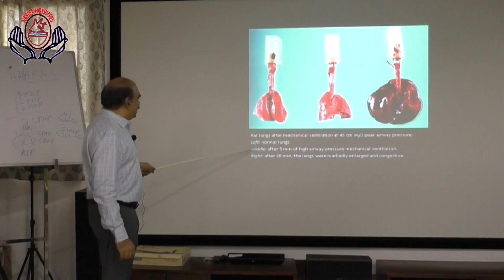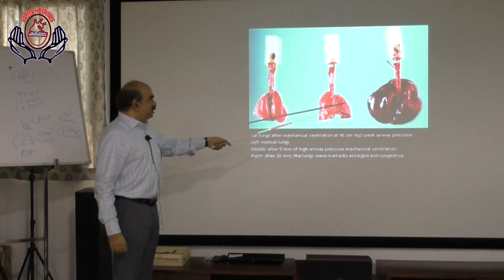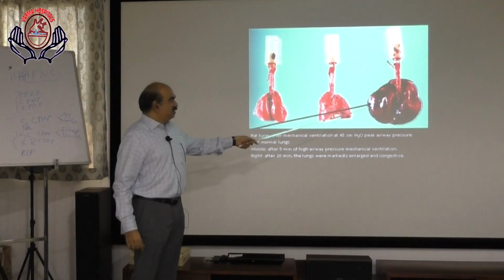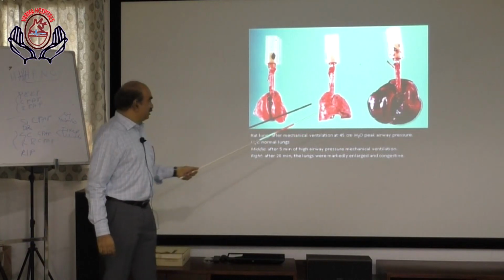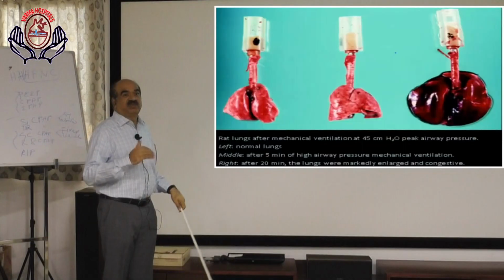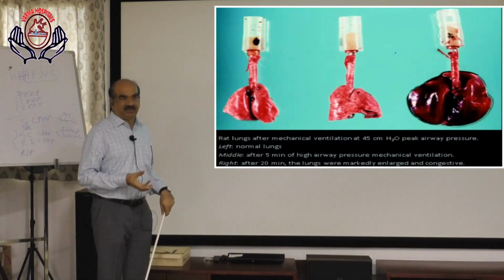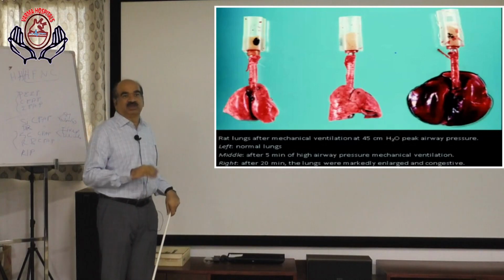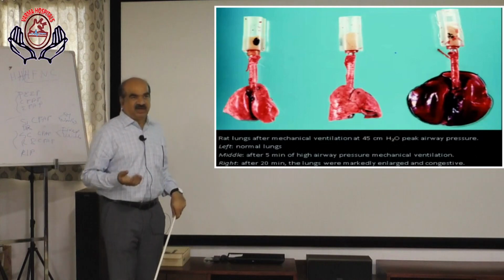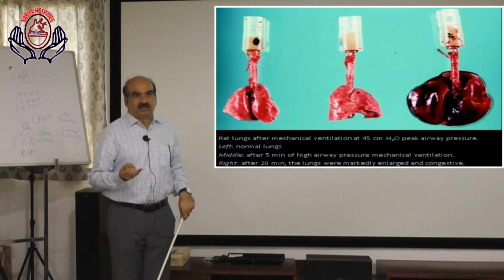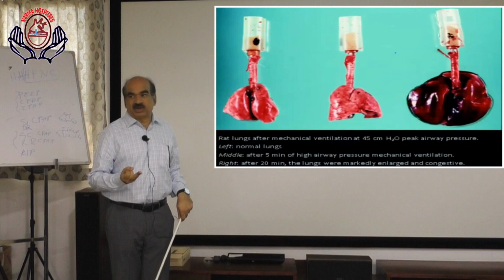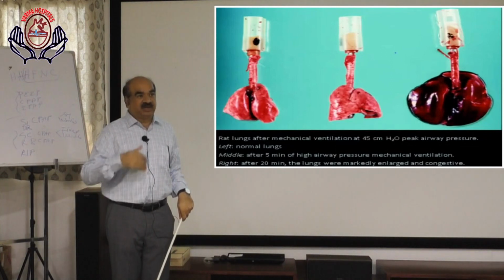So, in those models, just after 20 minutes, there is severe biotrauma. So, 20 minutes of high pressure can cause severe biotrauma to the lung, severe inflammation and edema to the lung. There are various traumas: atelectrauma, barotrauma, pressure-induced trauma, and volume trauma, high tidal volume.